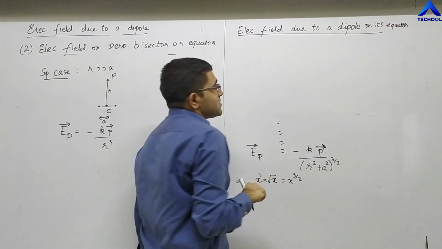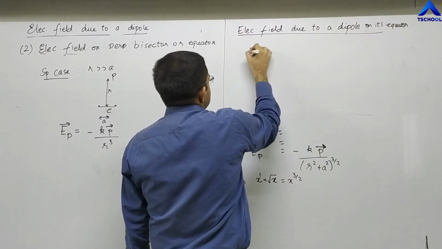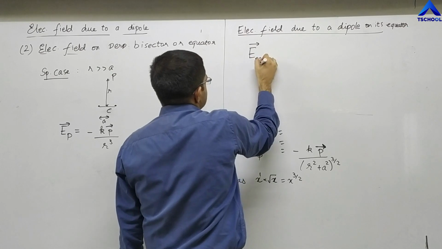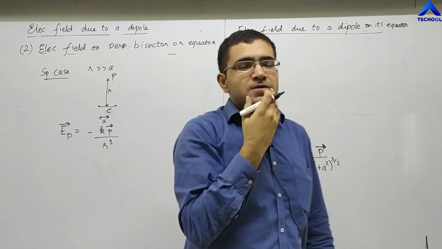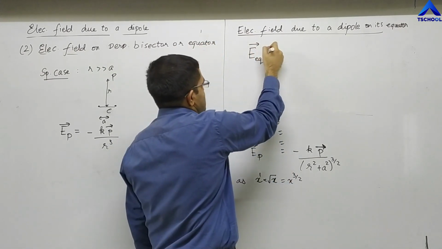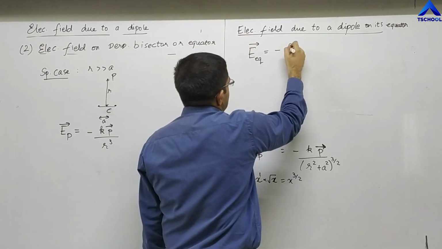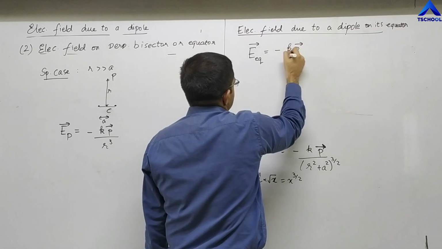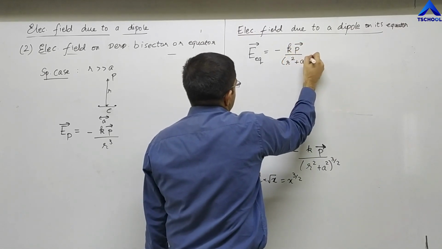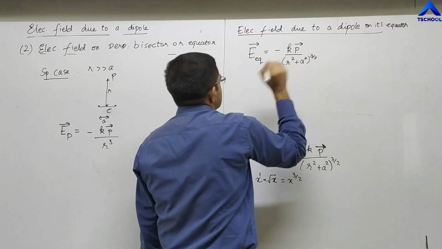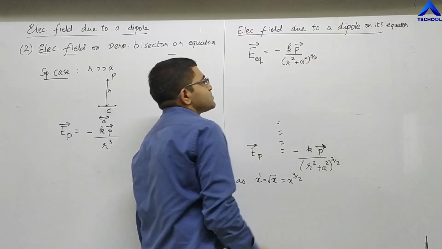So what's the electric field due to a dipole on its equator? E_Q. Like I said, use meaningful names, makes it easy to remember. So E_Q vector is minus k p vector divided by r square plus a square raised to 3 by 2.